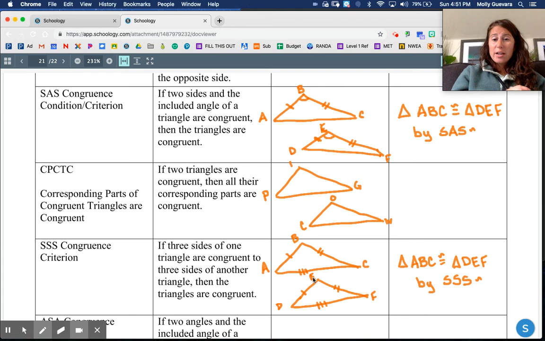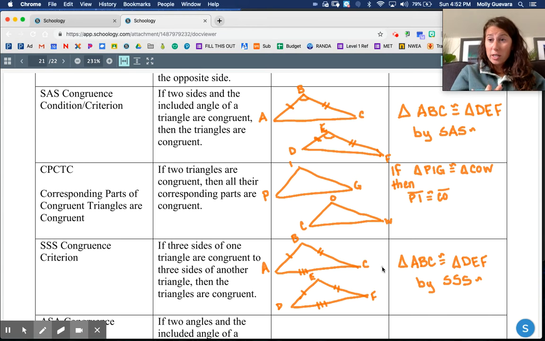So if these triangles are congruent, so I'm going to say if triangle PIG is congruent to triangle COW, then all of their corresponding parts are congruent, meaning I can say that side PI is congruent to side CO, right?